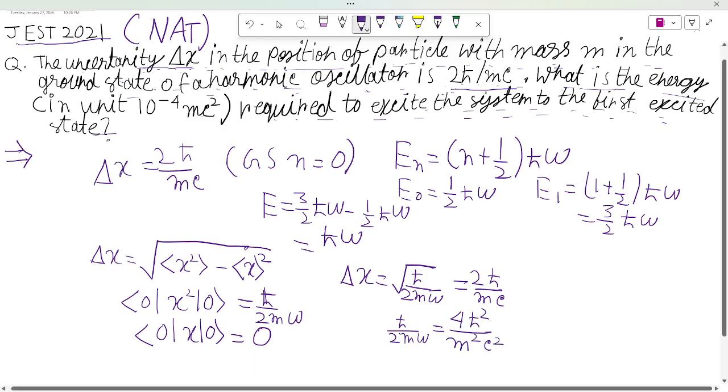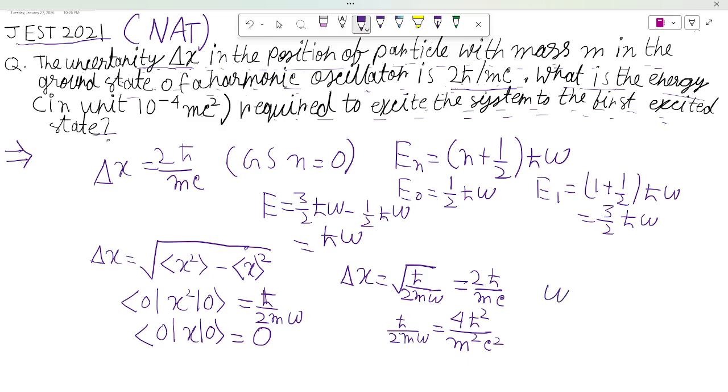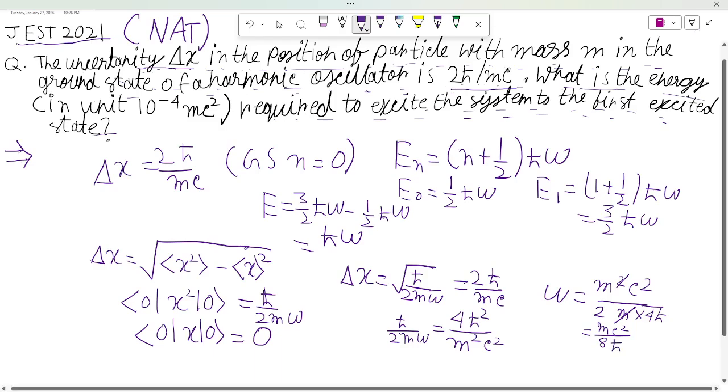After solving this, we get omega equals m square c square by 2m into 4 h cross. We cancel m square and m, so that is m c square by 8 h cross.